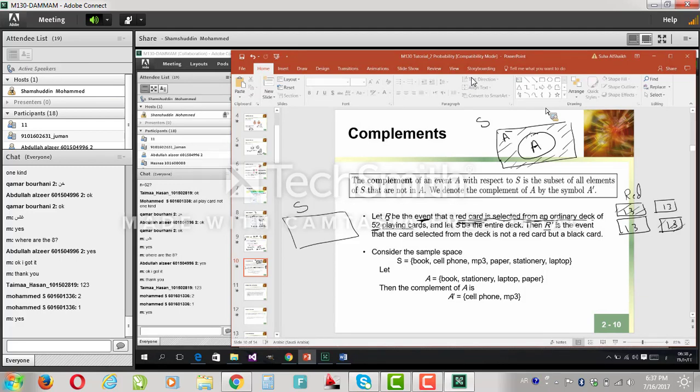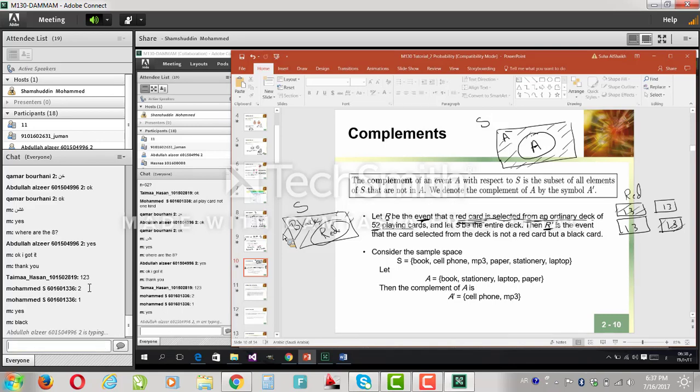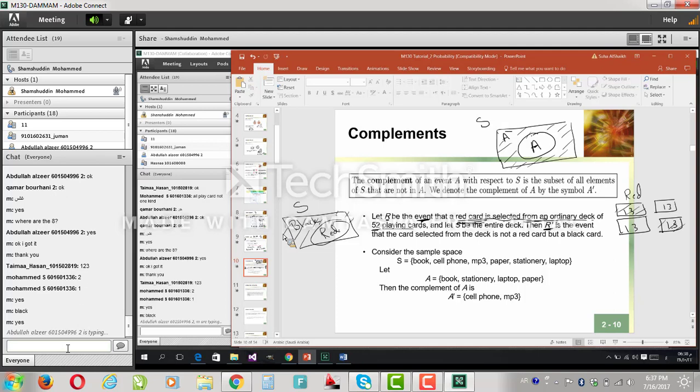So this is my S, the 52. What is the complement of R? What completes the red? Getting the black. Is that right? Correct. So this is the complement of the event of getting a red.